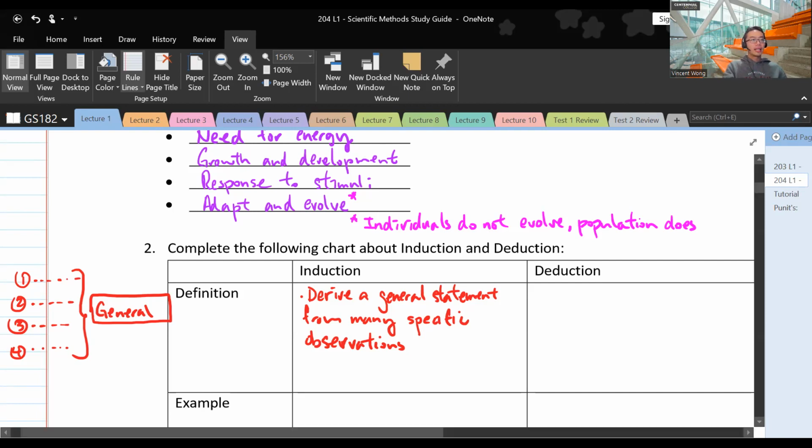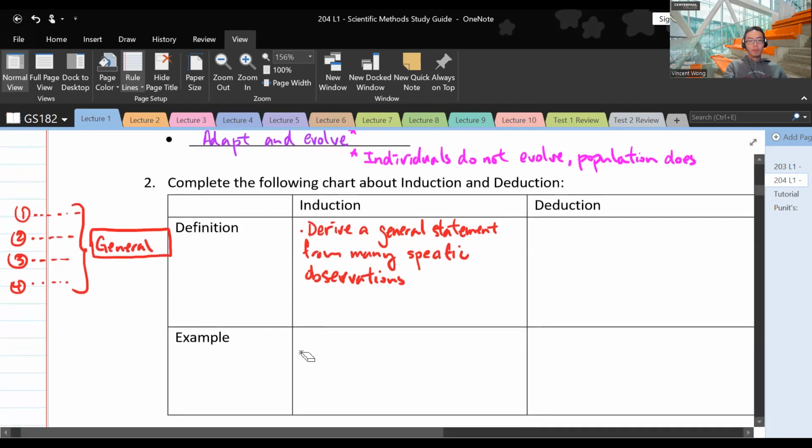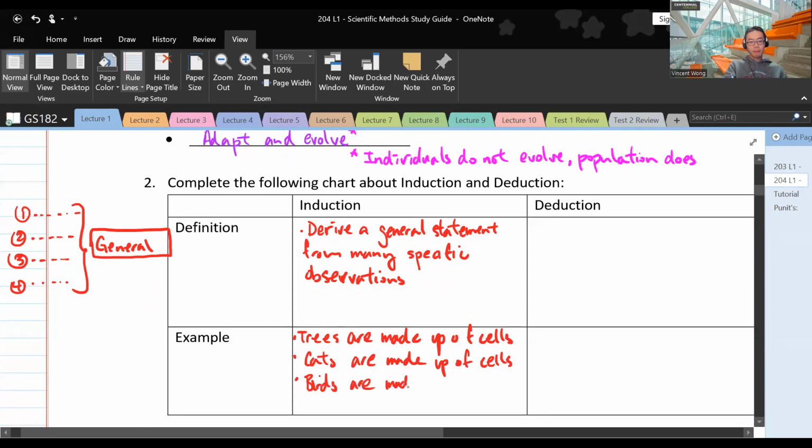Okay, so an example of that would be, let's keep it simple. Trees are made up of cells. Then I'll make another statement: cats are made up of cells. Birds are made up of cells.